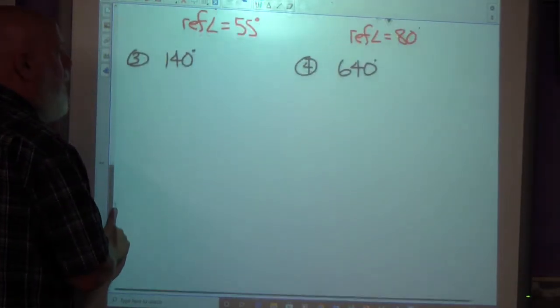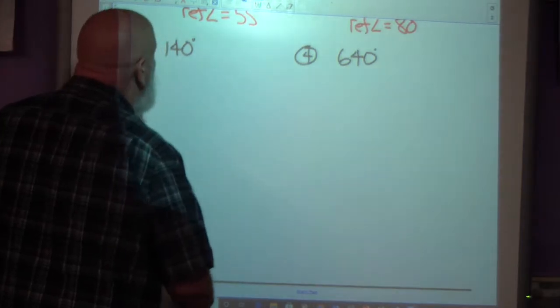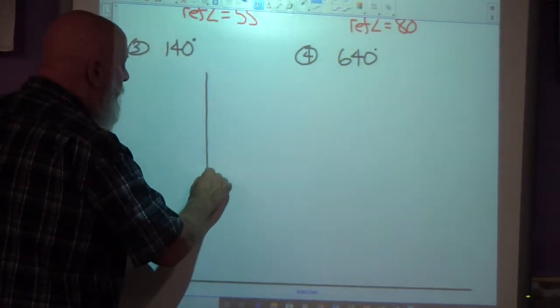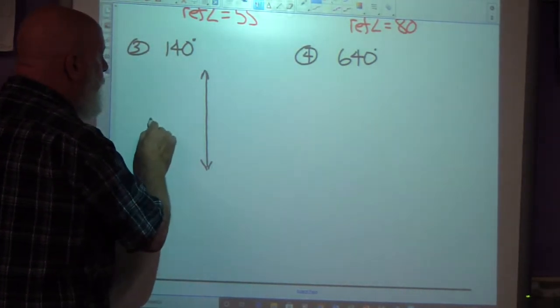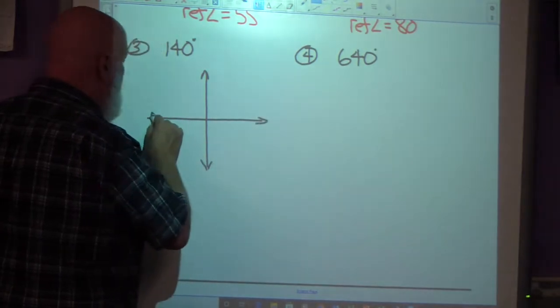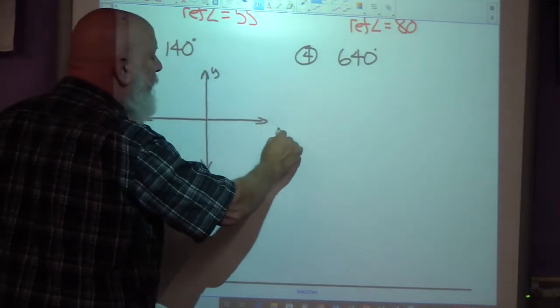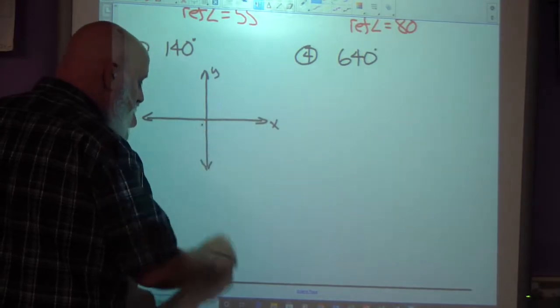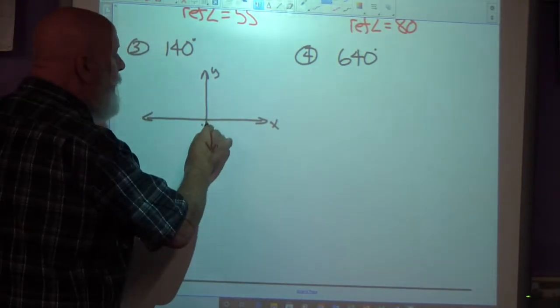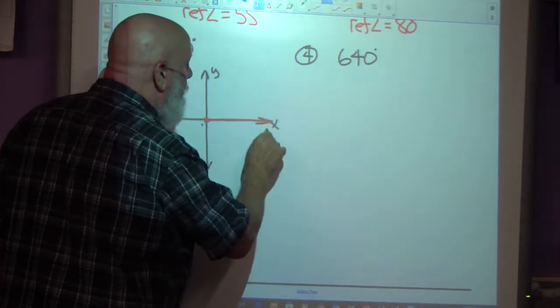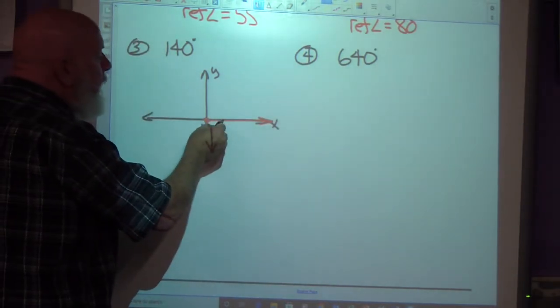Let's take a look at this one. We're not given a drawing here, so I'm going to do a rough sketch. 140 degrees, I want the reference angle. Here's y, here's x, here's the origin, here's my initial side. I'm going to rotate 140 degrees.